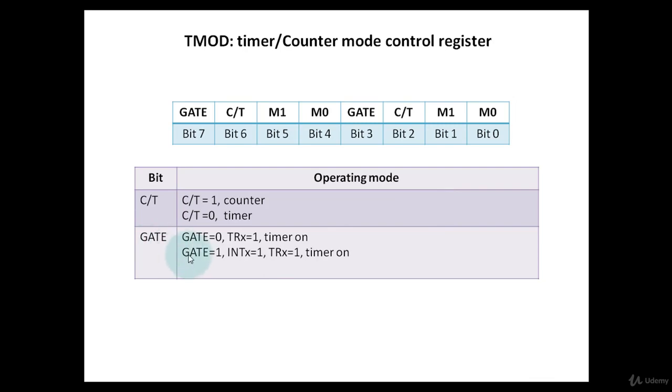gate bit in TMOD register. If gate bit is 0, TRX, here X can be 0 or 1, so TR0 or TR1, if it is 1, the timer will get turned on. If gate is 1, then the external interrupt should be 1 and the TR0 or TR1 should be 1, then only the timer will get turned on.